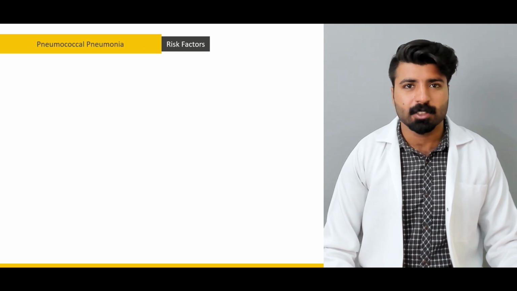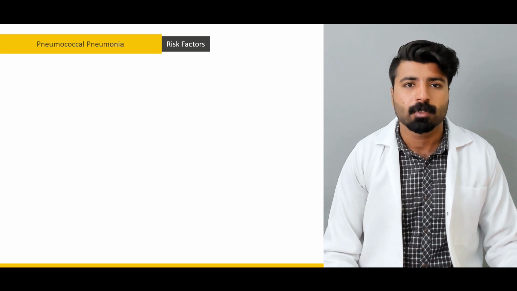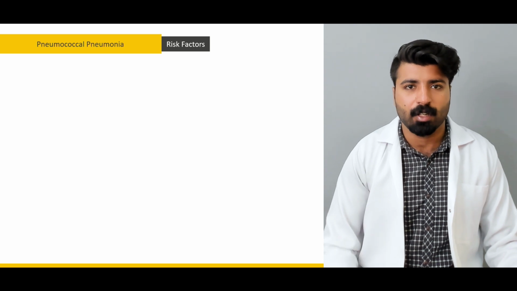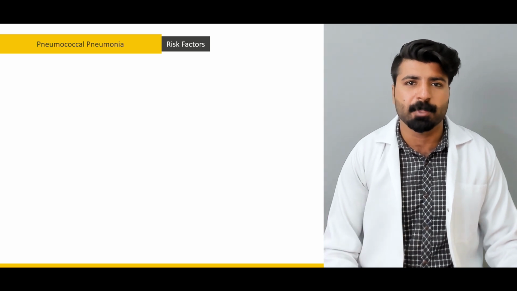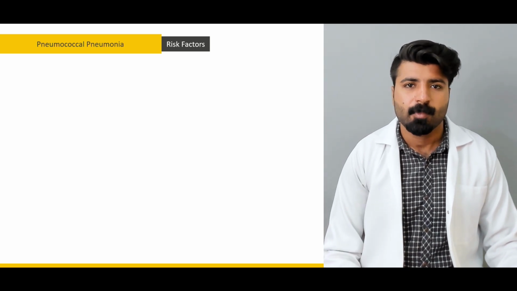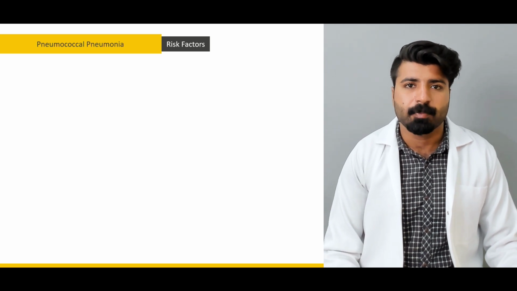Just close your eyes and imagine what kind of person will get pneumococcal pneumonia. In order to know that, we have to know how pneumococcal pneumonia is transmitted from one person to another person. Most probably, there are colonies of pneumococcus inside your GI system.